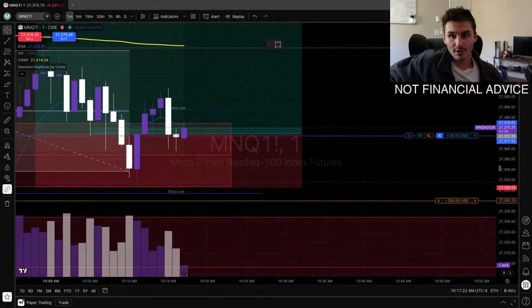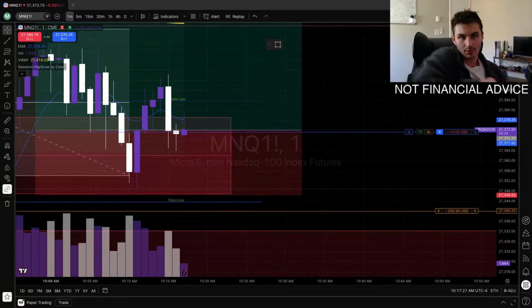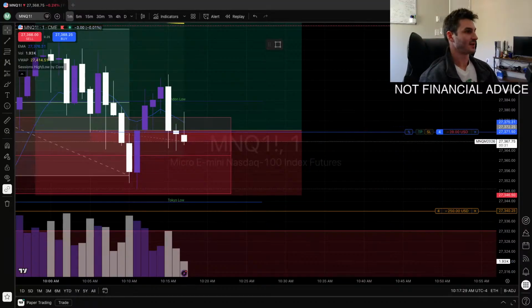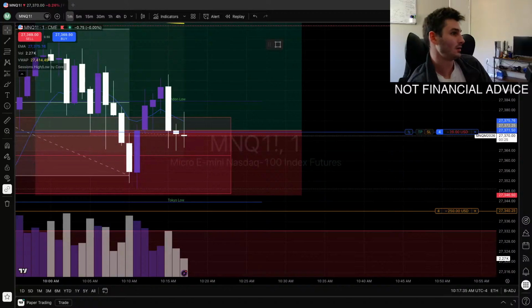You guys can see it better. Yeah, we just respected that gap. Bearish fair value gap. We might just dump here. Stops are in place, or whatever happens.